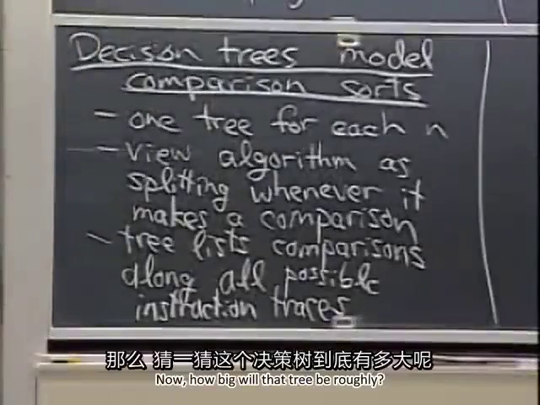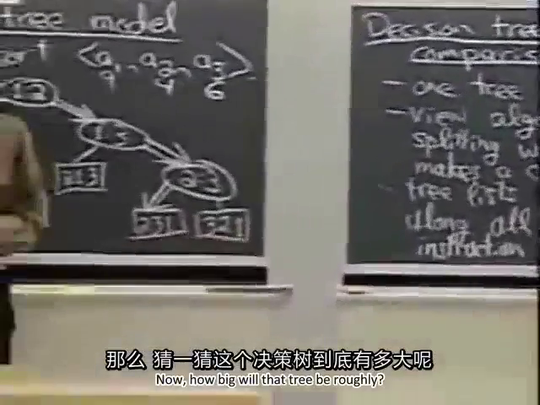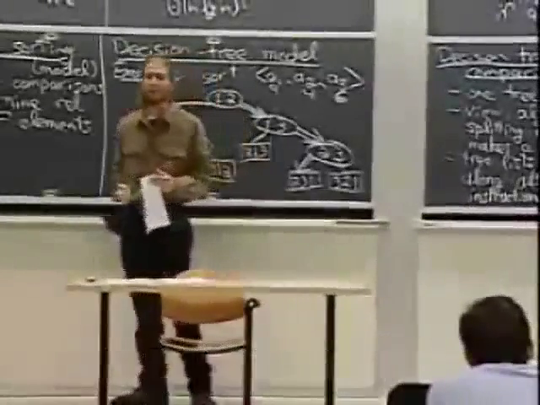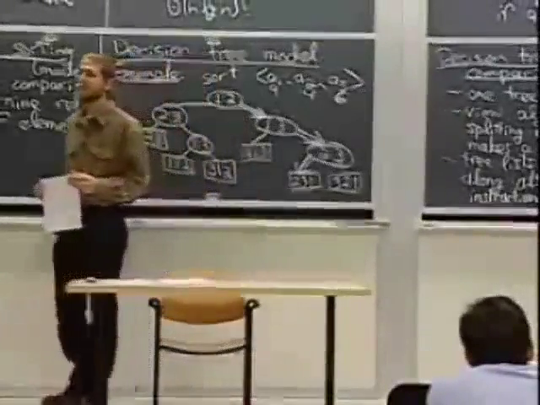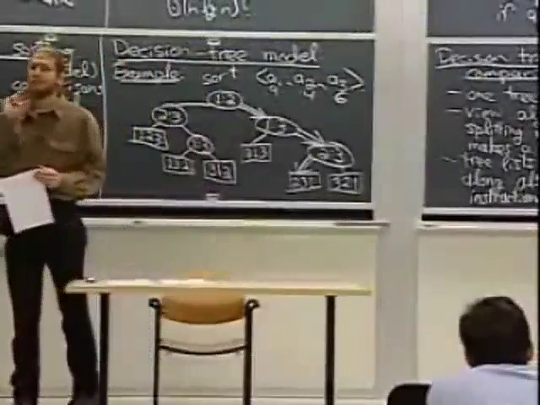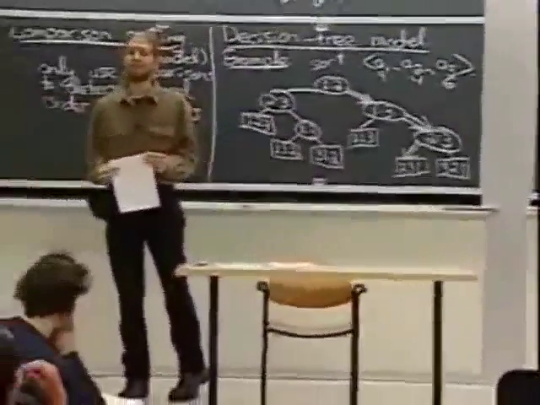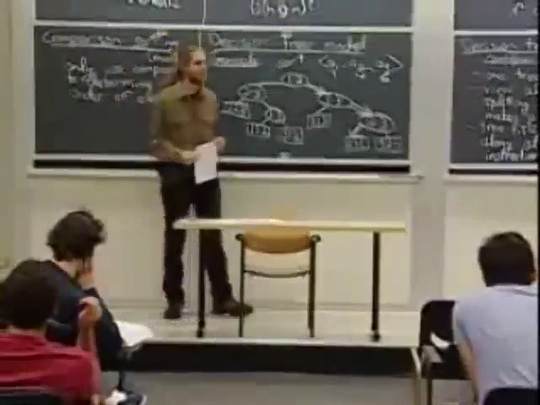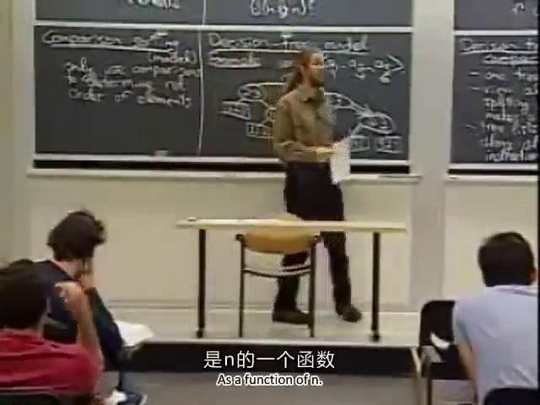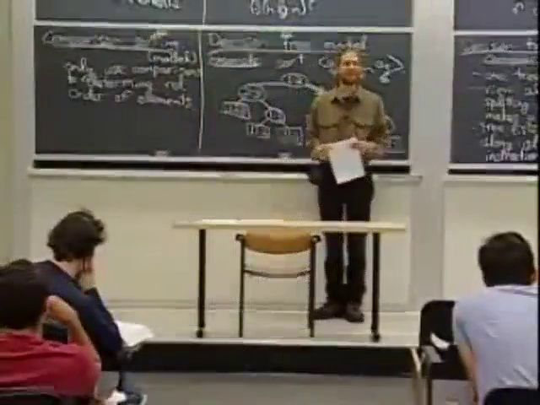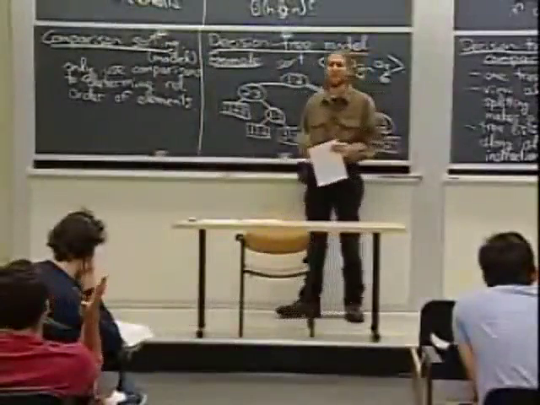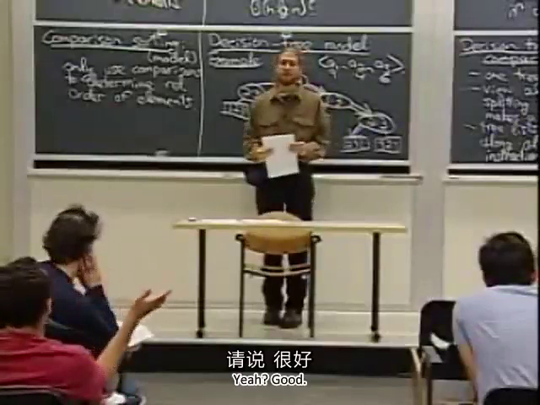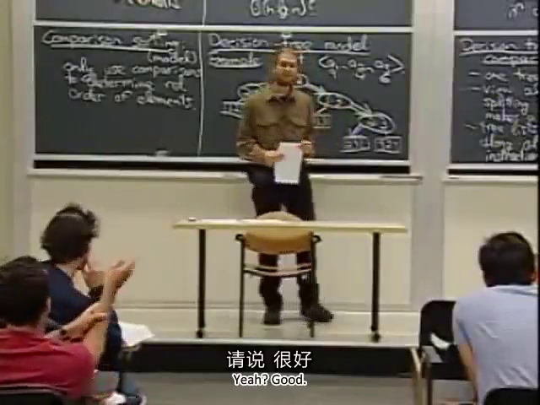Now, how big will that tree be? Roughly, as a function of n. Yeah? Well, if it asks to sort any possible list, it's going to have all the permutations of your original.